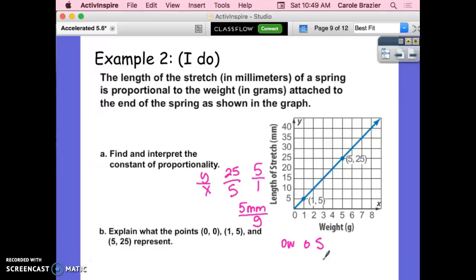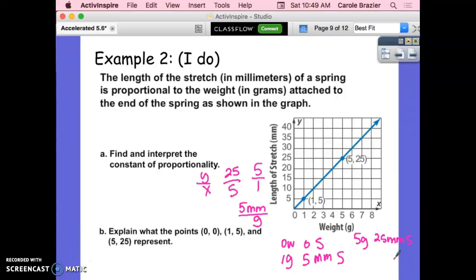Okay? 1, 5 would mean I have 1 gram of weight and I have 5 millimeters of stretch. Okay? And then 5, 25 would mean I added 5 grams of weight and I have 25 millimeters of stretch.